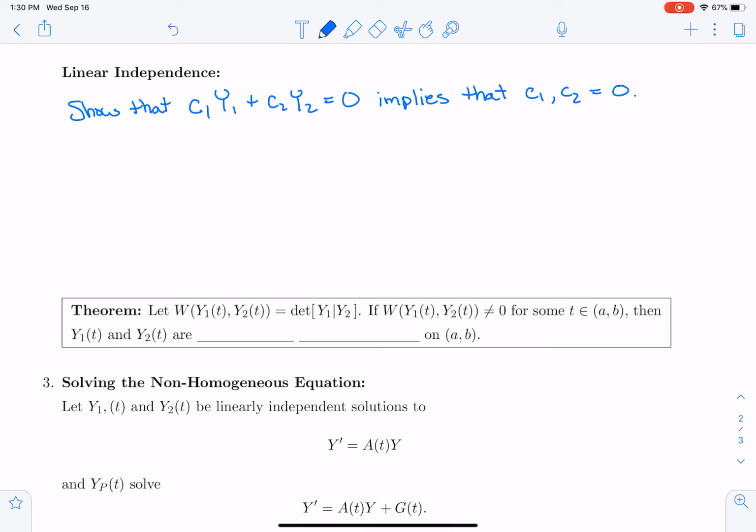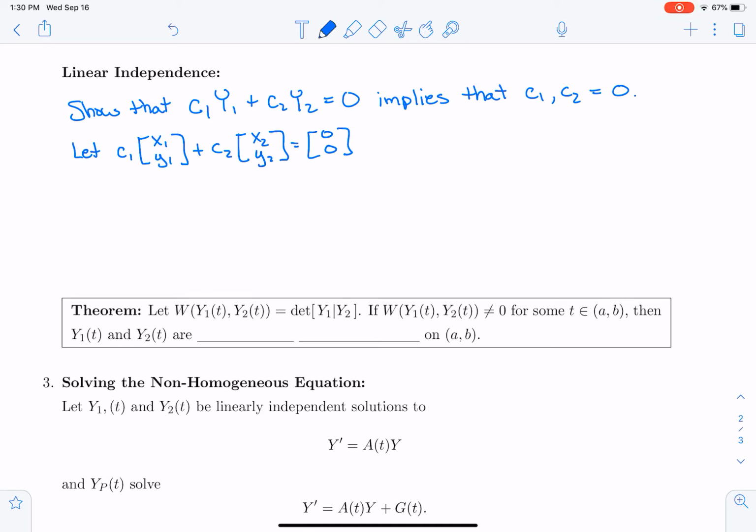Okay, so let's take that further. So we're going to let c1 times, we'll call this x1, y1, plus c2 times x2, y2 equals 0, 0.